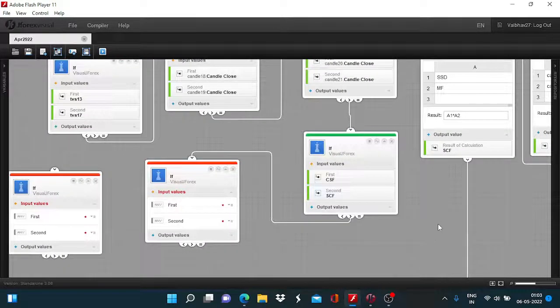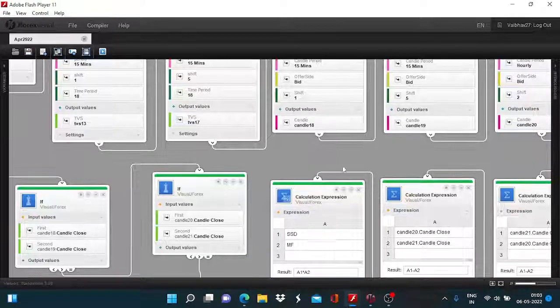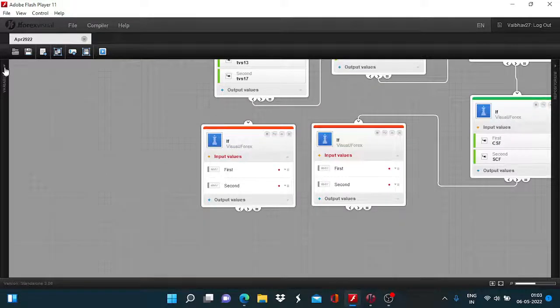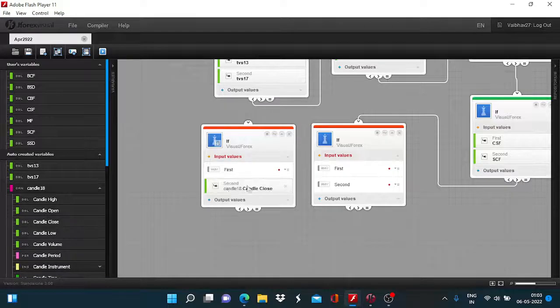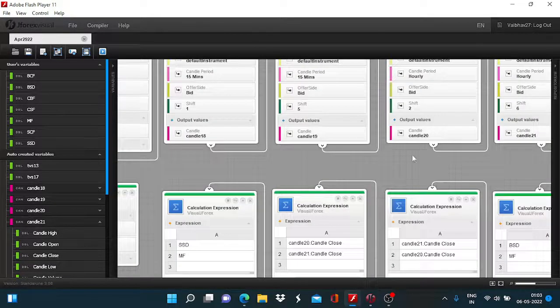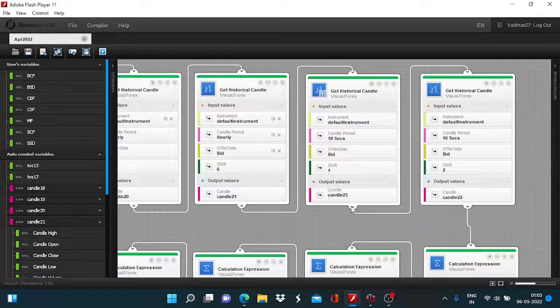And then as and when price starts to dip below the last 15-minute candle closing value, the execution should happen. So for that we have to take the candle 18 candle close, which is the last 15-minute candle. So here it is, and compare it to the 10-second data of the closing values of these two, candle 23rd and candle 22nd.